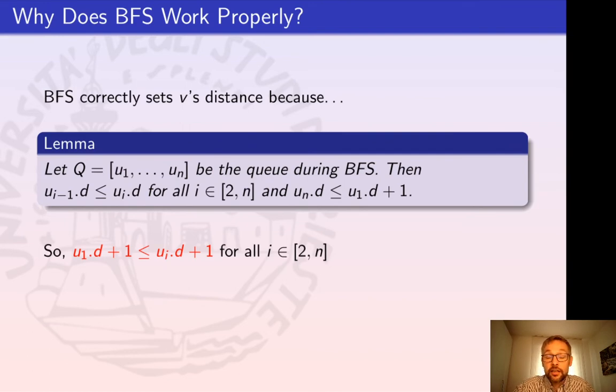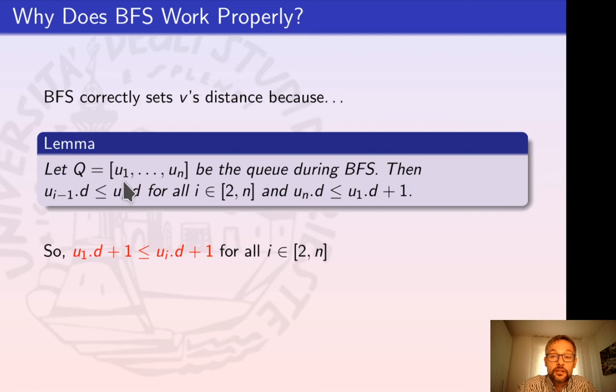BFS worked because of a lemma that we saw. Along the computation of BFS, we are dealing with a queue of the gray nodes, and this queue has the property that it is sorted with respect to the distance.